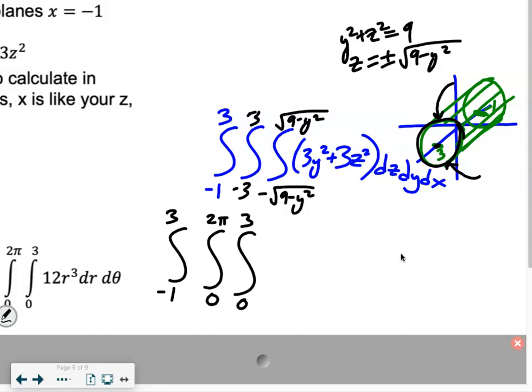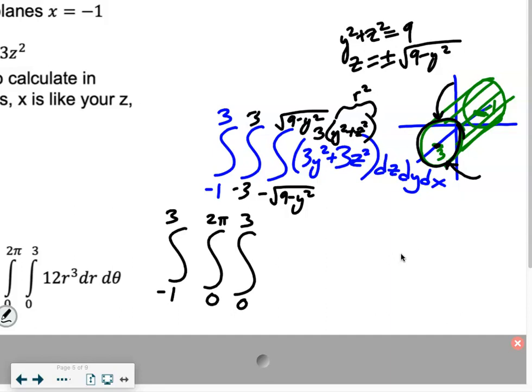This is the same as 3 times y squared plus z squared. Normally we'd have x squared plus y squared equals r squared, but now we have y squared plus z squared equals r squared because it's in the yz plane instead of the xy plane. Does that make sense? So this becomes your r squared.